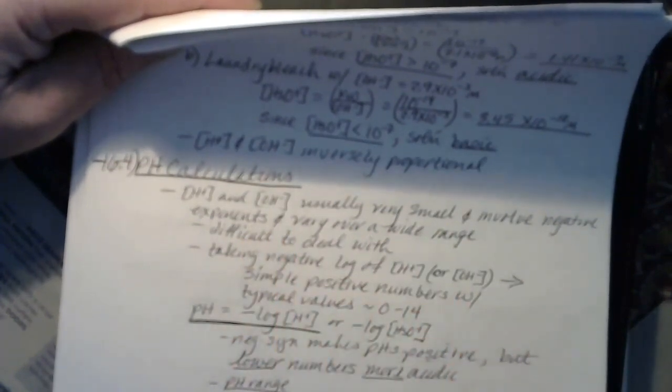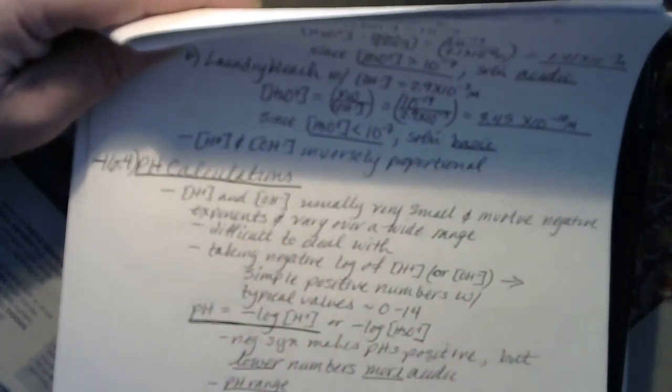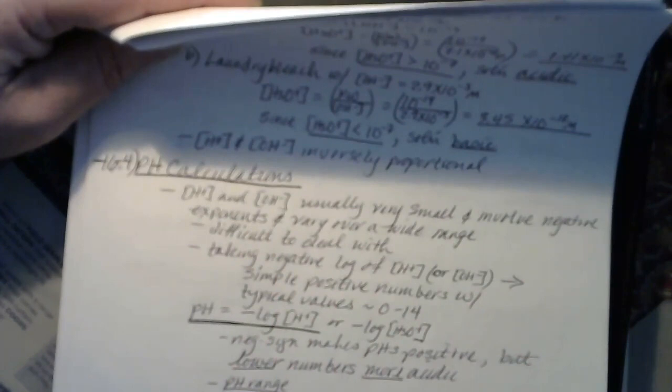And dealing with negative exponents can be tricky, like when I explained that 10 to the minus 8 is smaller than 10 to the minus 7 because of the negative exponent. That gets confusing really easily, and it's easy to get mixed up.